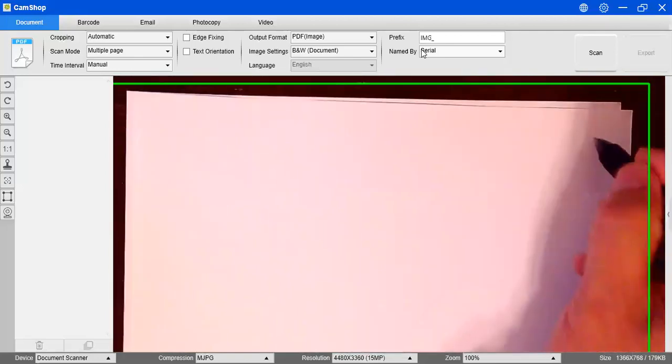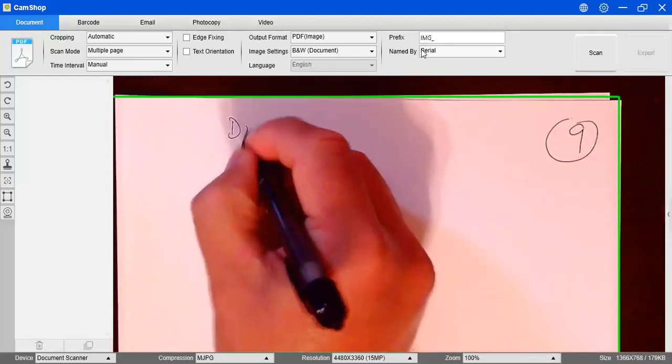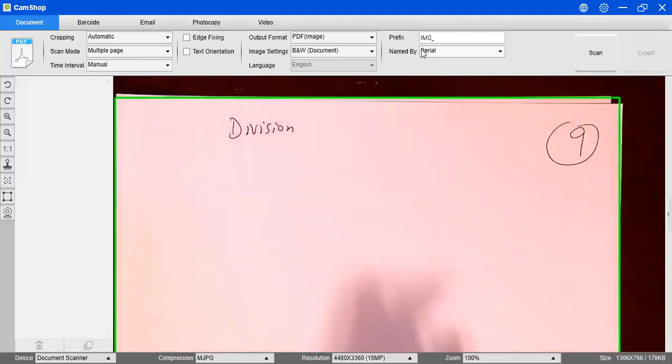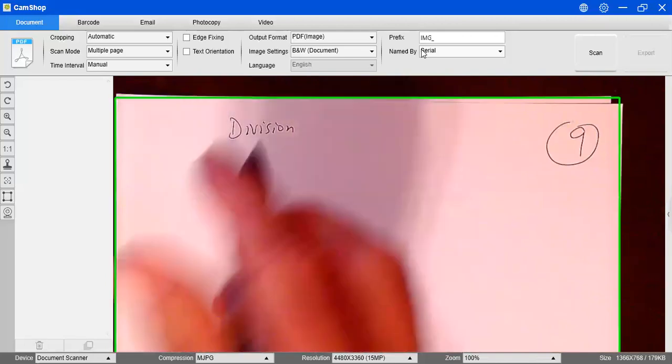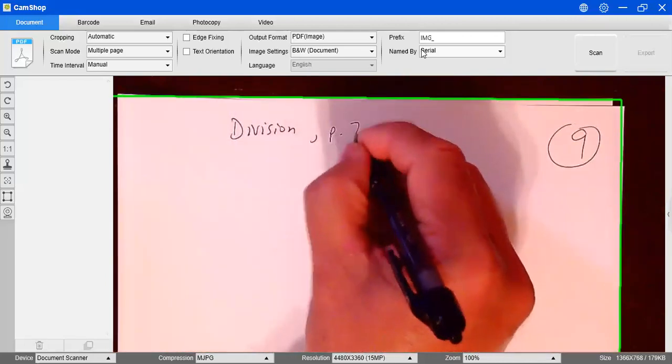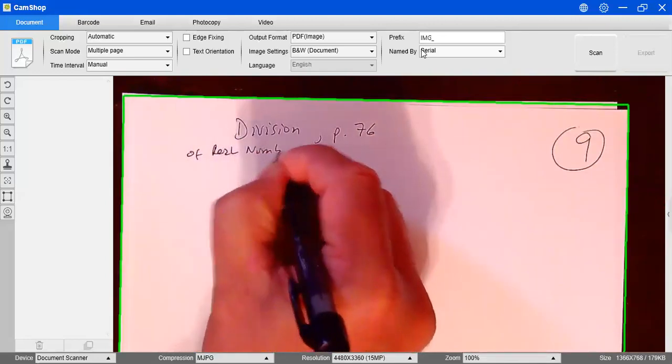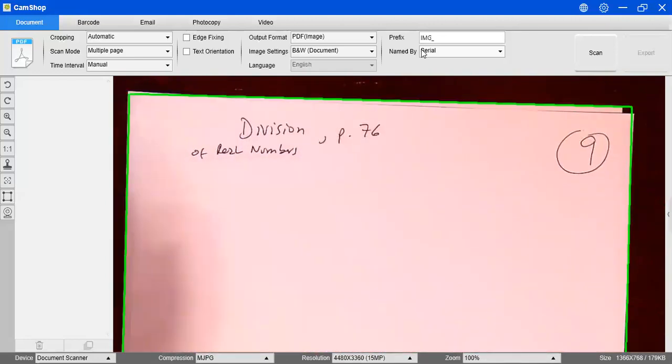So we're going to write here now division. So this is described on page 76, division of real numbers. So there is a definition.